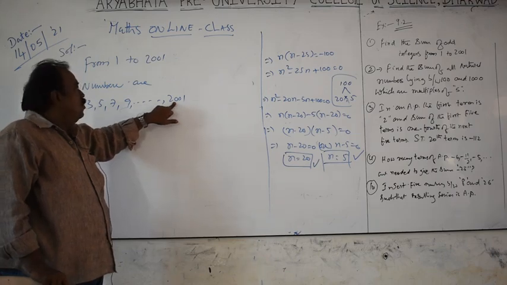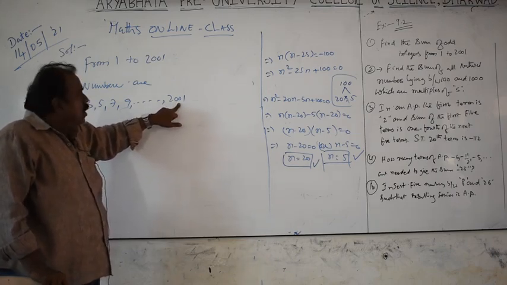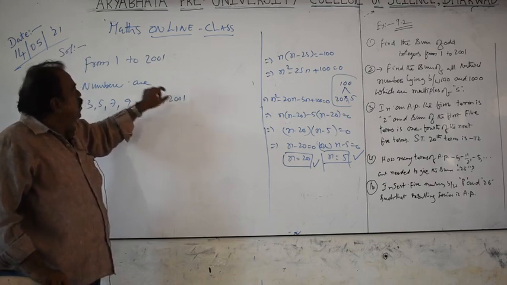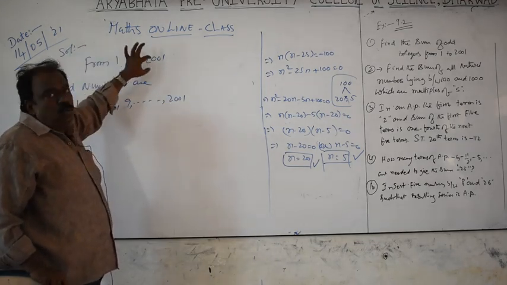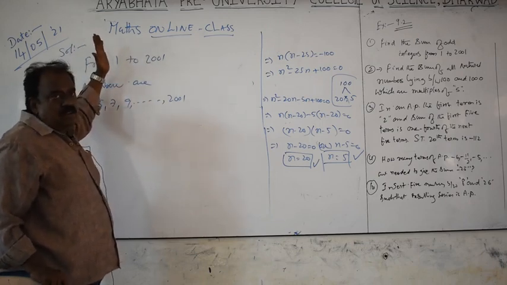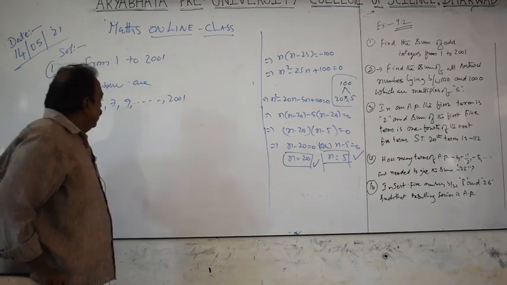Just before this one is 2000. 2000 is an even number, but 2001 is an odd number. That means it starts at 1 and ends at 2001.